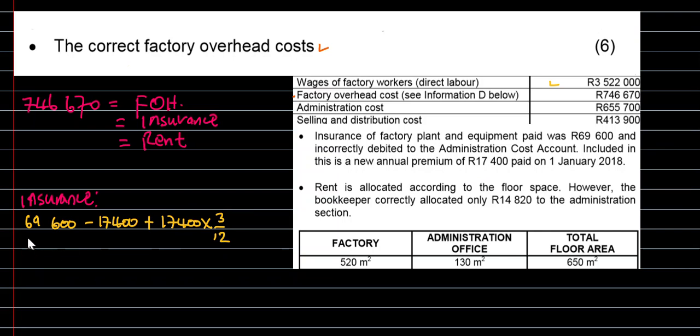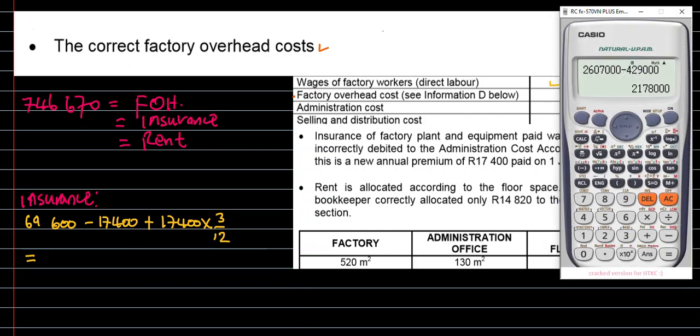Now let's calculate all of this at once, and you're going to get the insurance amount. Let's use our calculator. We have 69,600. We're going to exclude 17,400 first, then add again 17,400, but multiply that amount by 3/12.